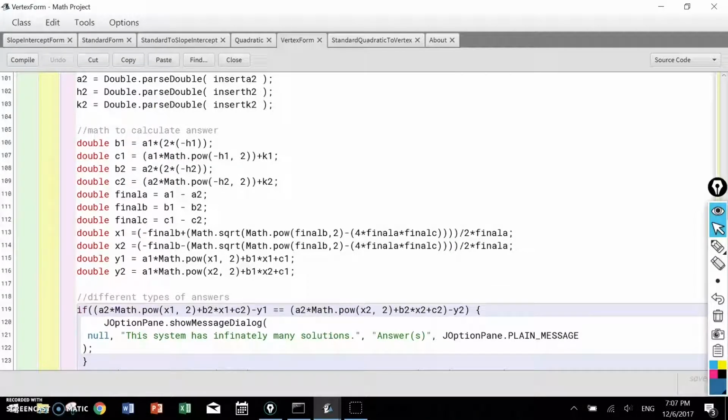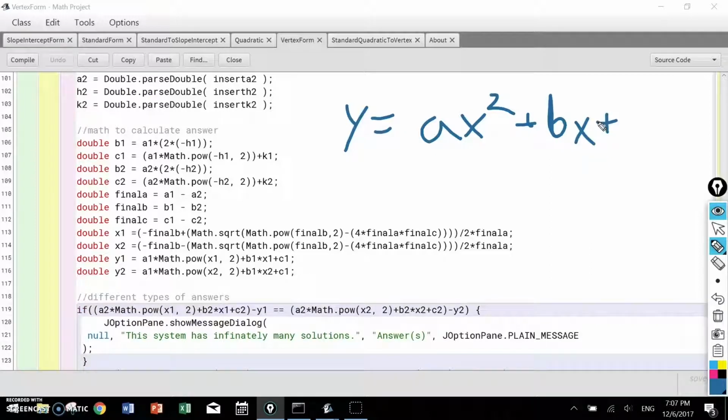Vertex form is the same thing, except first we make our vertex form equation into a normal standard form quadratic equation in order to use the quadratic formula and get the a, b, and c values that we need that are in a standard form equation, as shown here.